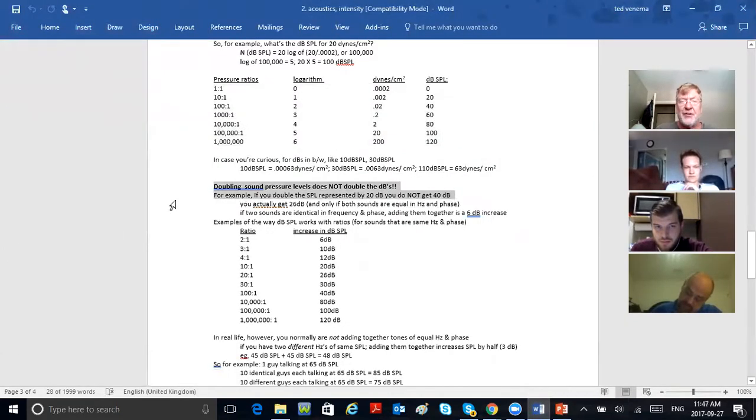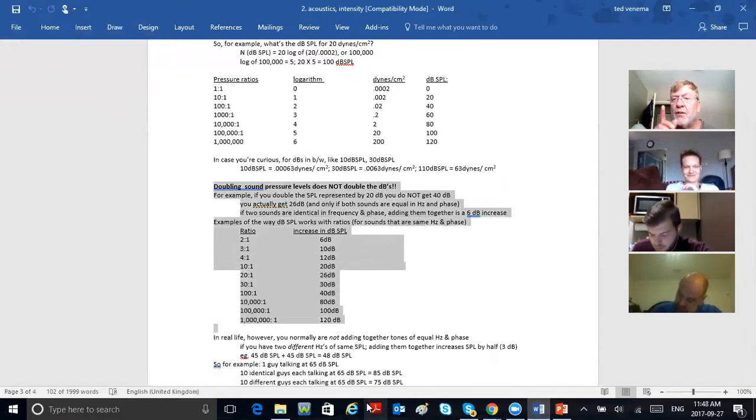Here's what we need to get to today. Look at this. Because of the logarithms, doubling the sound pressure does not double the SPL. Let me give you an example.